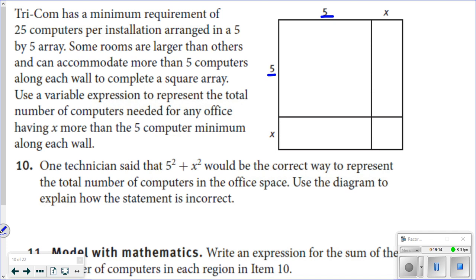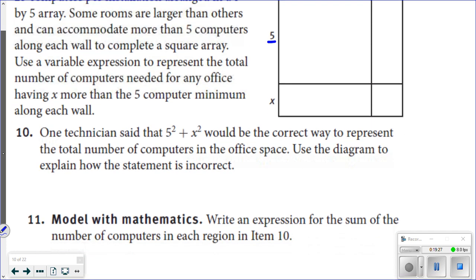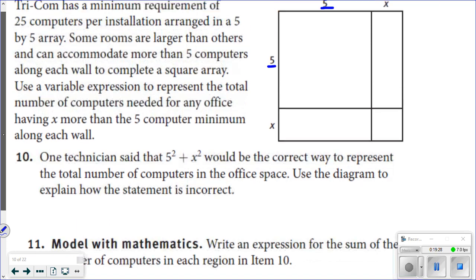So we're going to use this box and this variable expression to represent the total number of computers needed for any office having x more than 5 computers along each wall. So these boxes are a little different looking than before because I made all my boxes the same size.